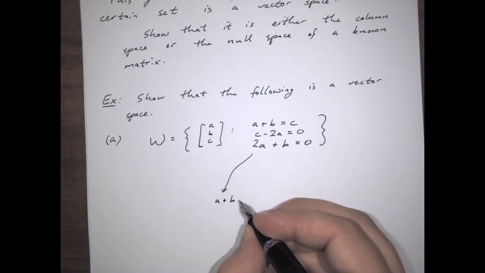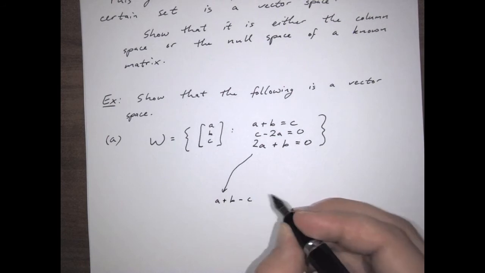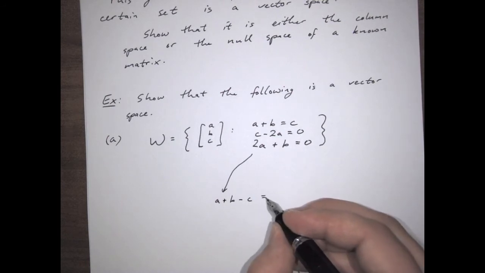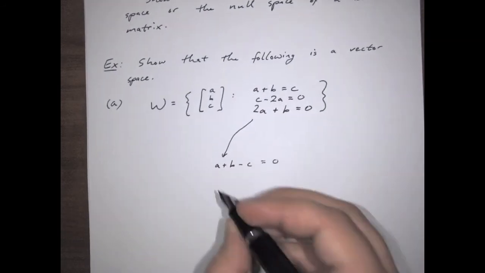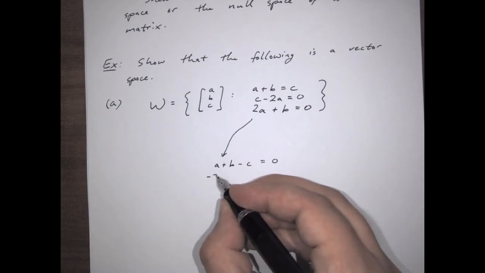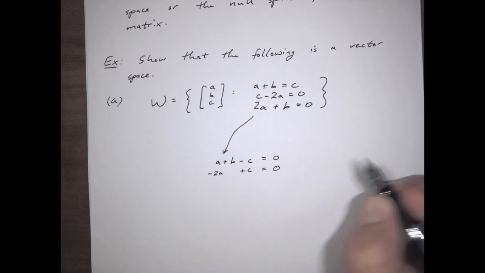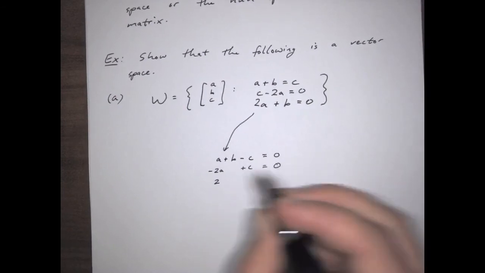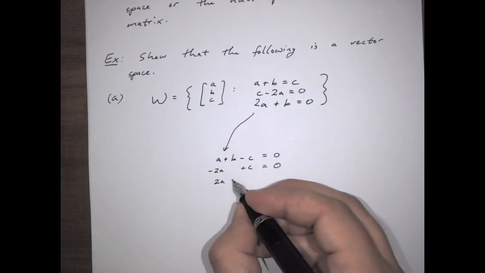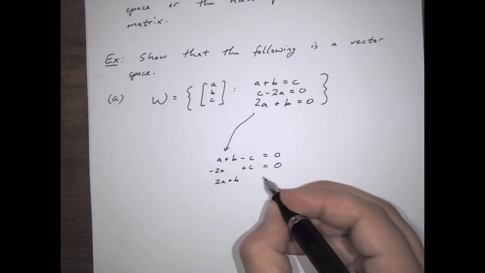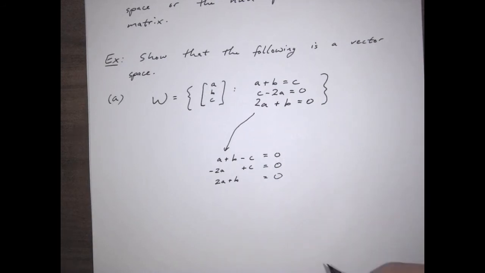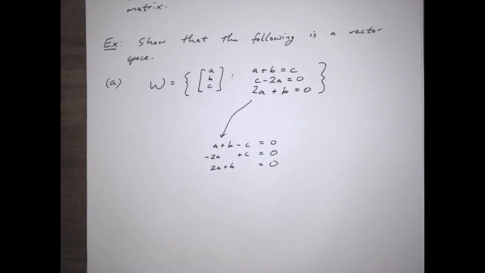So we can rewrite it as a homogeneous system of equations, so that looks like that: minus 2a plus c equals 0, and I'll write it in standard form with all the entries nicely lined up, and 2a plus b equals 0. So this is a homogeneous system of equations, and its solution set will be the same as a null space.